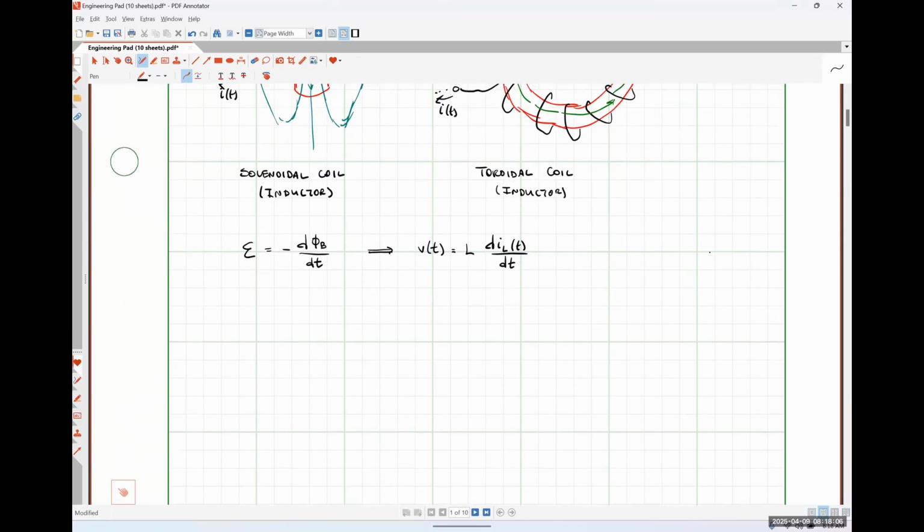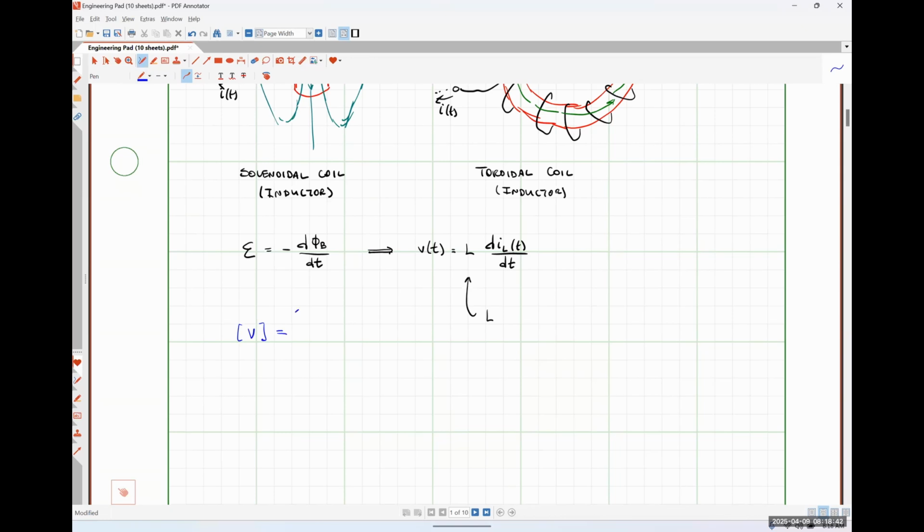So let's look at this guy right here, right? L is the inductance, and we need to tease out what units this thing is going to have, okay? We're just looking at the dimensional analysis here, and we're going to sort things out. On the left-hand side of my equation, I have voltage, which is obviously measured in volts.